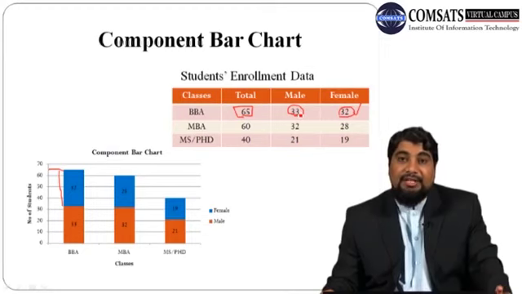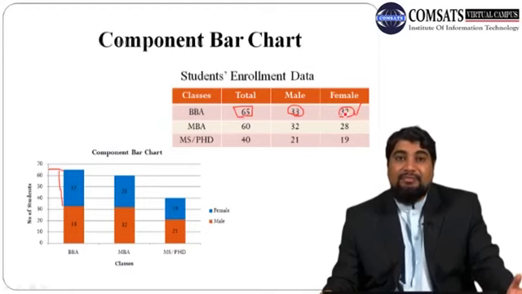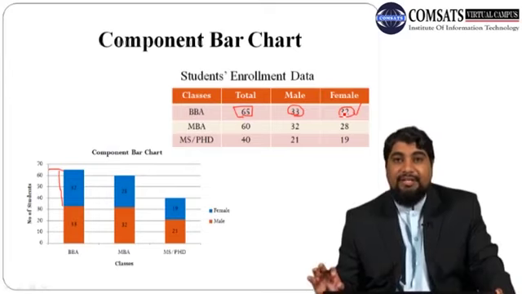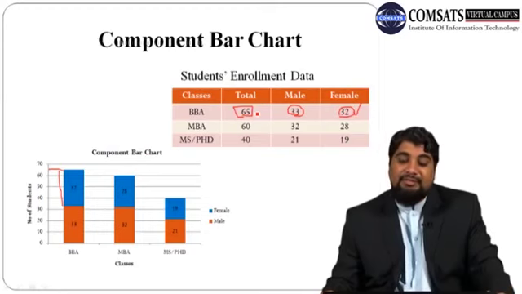The first portion contains 33 students who are male, and the remaining portion contains 32 students who are females. That's why it is called a component bar chart, because one bar is divided into different components. Here this bar is divided into two components. The first represents the male students, whereas the second represents the female students.